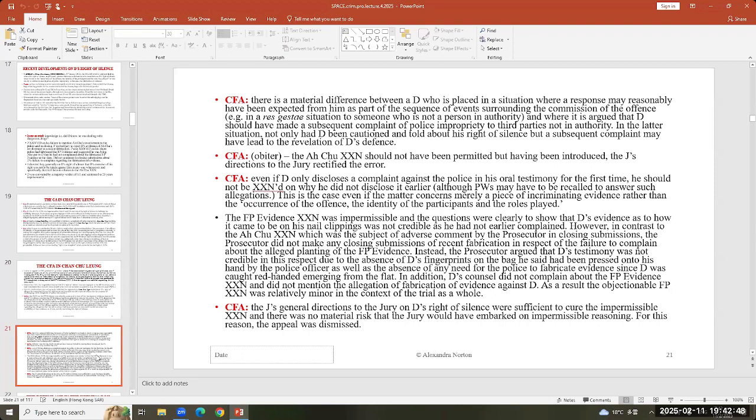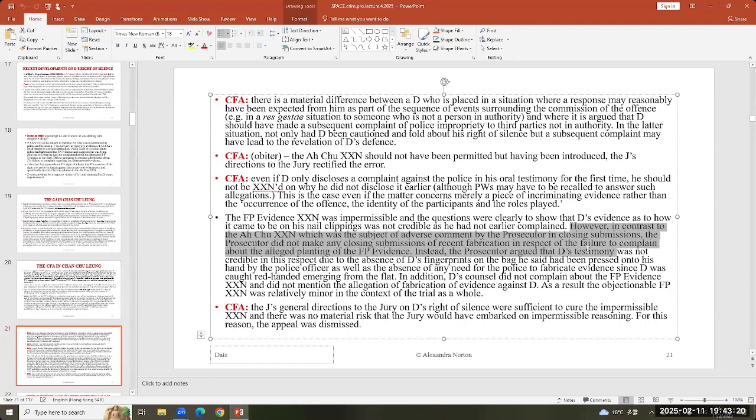So what they do then say is this fluorescent powder evidence cross-examination was impermissible, but in contrast to the Archu cross-examination, which was referred to by the prosecutor in closing submissions, there were no closing submissions about the recent fabrication argument. Instead, the only submissions made was that the defendant's testimony was not credible.